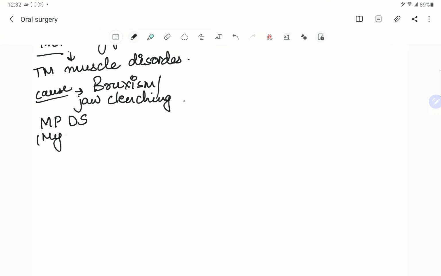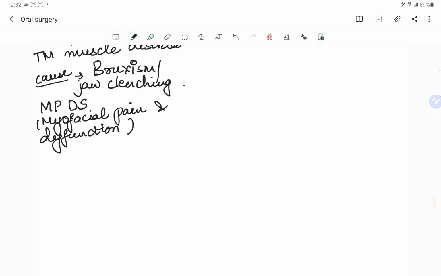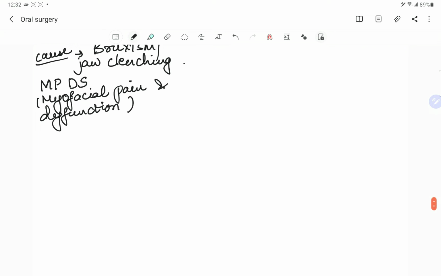That is myofascial pain and dysfunction syndrome, right. Now, in this case the person feels muscular pain.